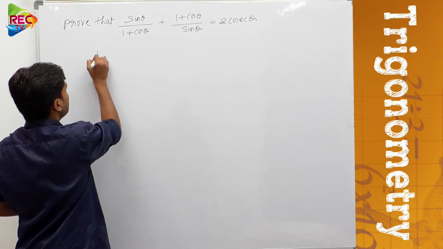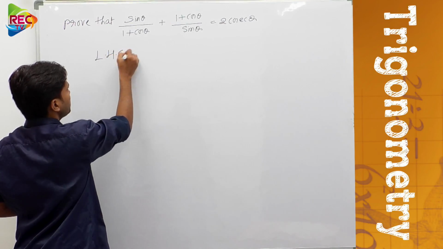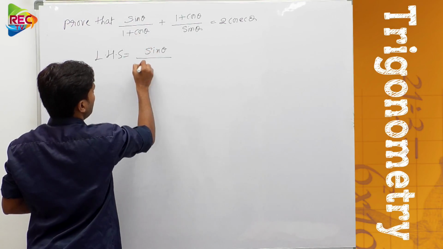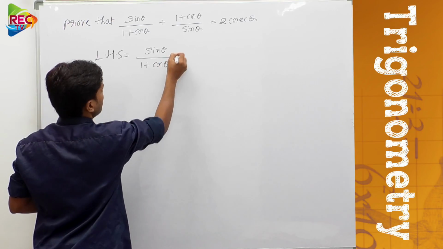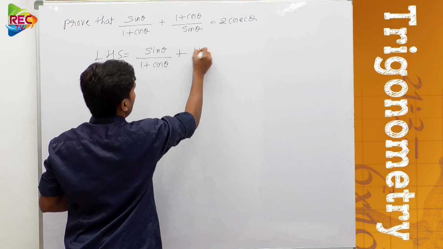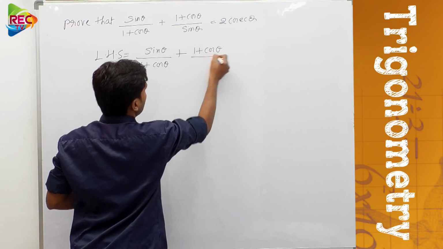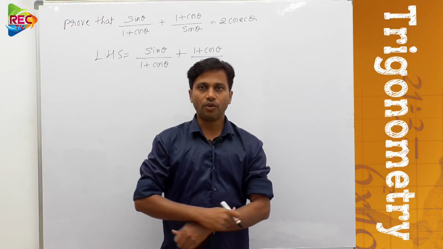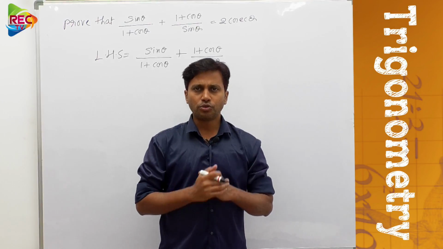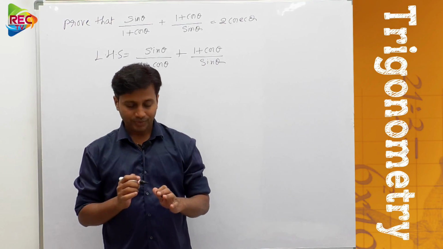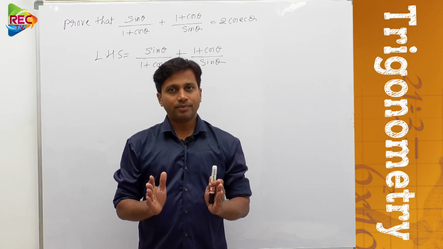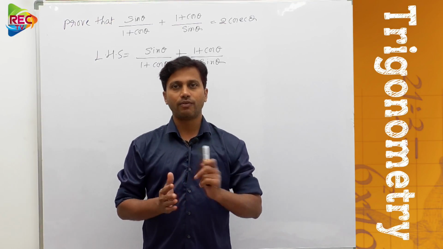Okay, so therefore LHS, which is given, sin theta by 1 plus cos theta plus 1 plus cos theta by sin theta, right? So now we need to simplify this. In order to do the simplification, I am telling you, don't run behind the problem unless you know the technique of solving.